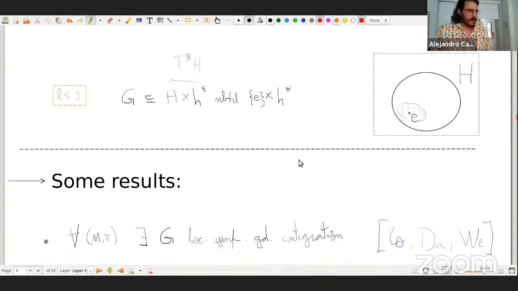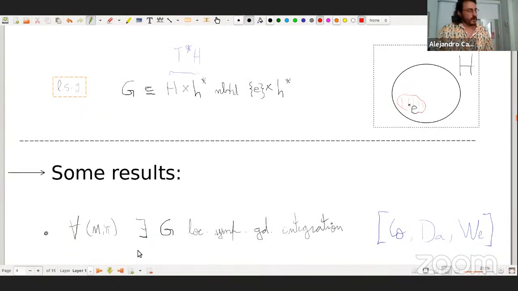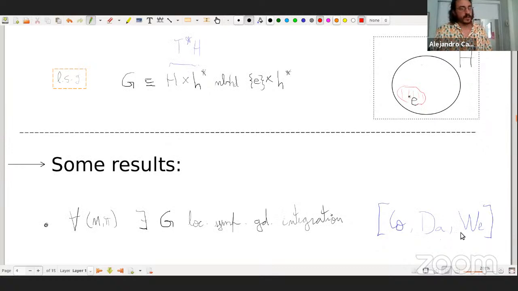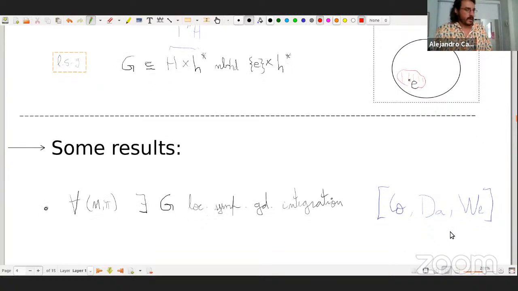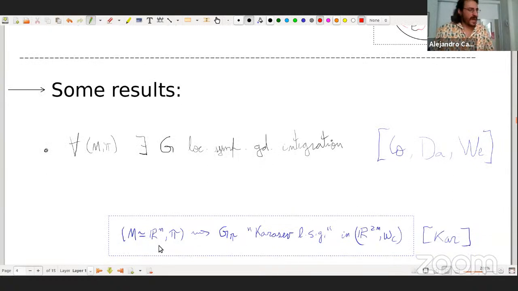Let me mention some structural results about this. Every Poisson manifold admits such a local integration. This is in particular in a paper of Cattaneo, Dazord, and Weinstein. When the Poisson manifold is a coordinate space, which will be an important case for us to compare to quantization formulas, there is a very particular construction that comes from the work of Karasev, and I will be calling it Karasev integration.